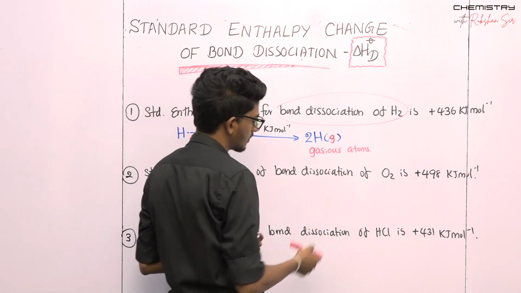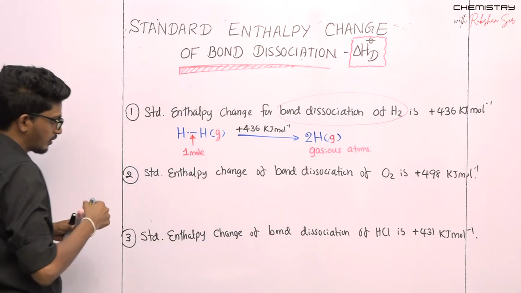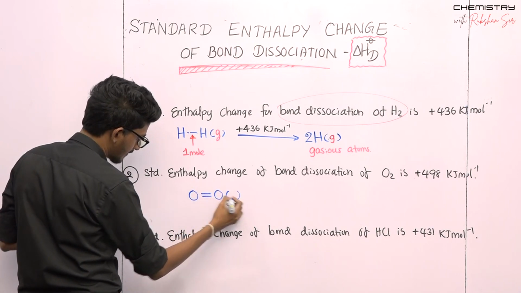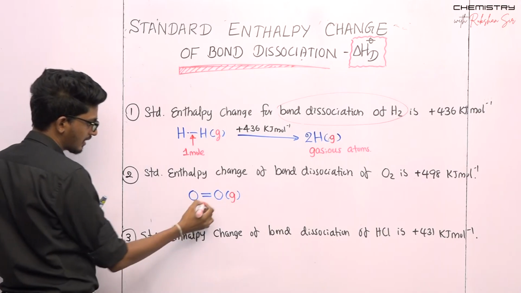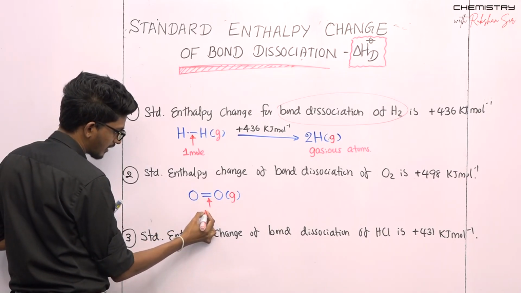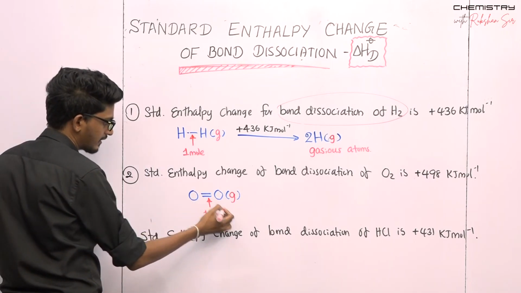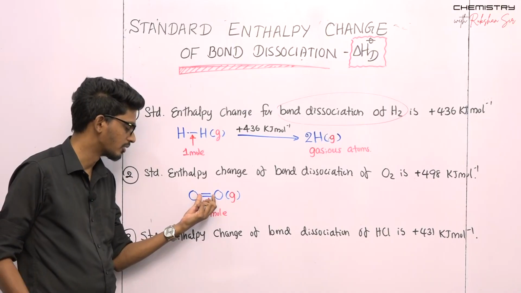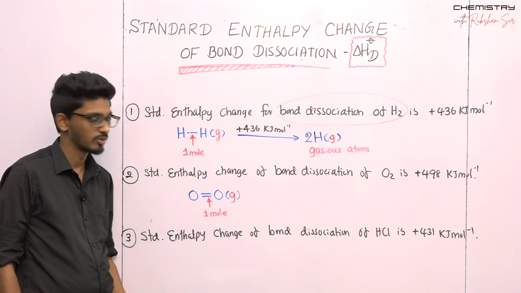For O2, the bond dissociation enthalpy is given as 498 kilojoules per mole. The bonds to break should be in the gaseous state, and this is where the 1 mole stands. Don't think this has 2 moles of bonds. This is just 1 mole of double bonds.